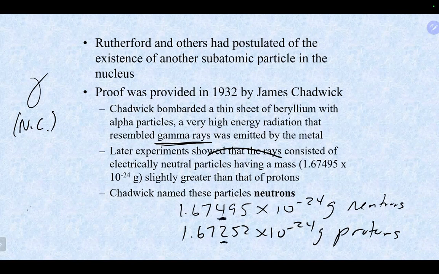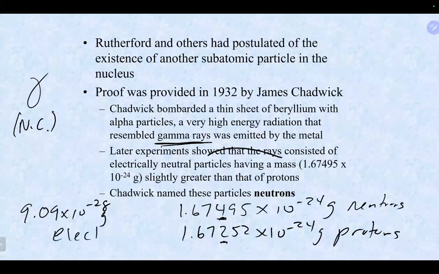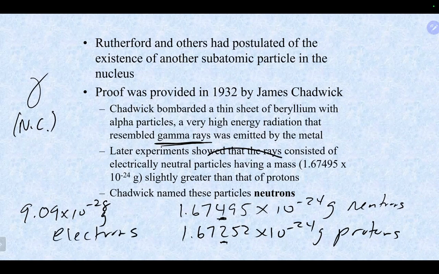But in comparison to our electron, which is 9.09 times 10 to the minus 28, we can see here that neutrons are also about 1,800 or so times heavier than an electron. This makes sense when we think about where we find these particles.